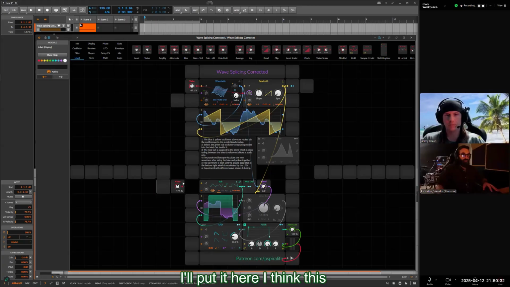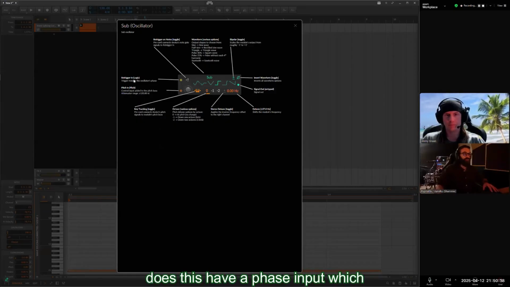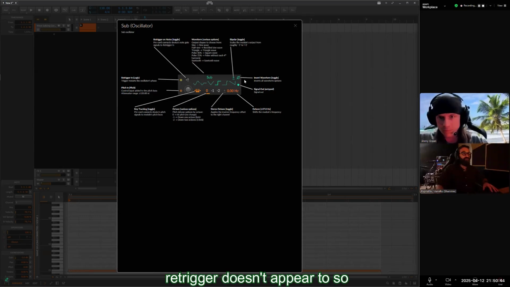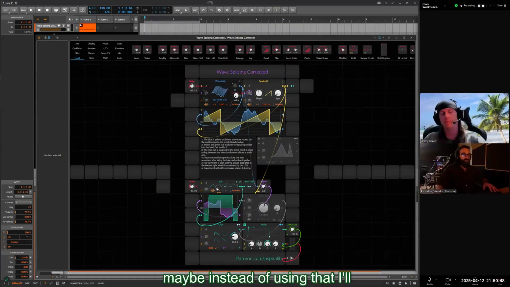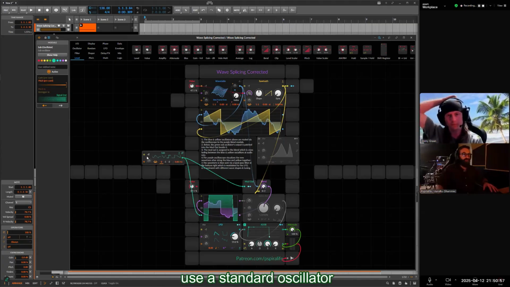and I put it here, does this have a phase input? Pitch, retrigger, doesn't appear to. So maybe instead of using that, I'll use a standard oscillator.